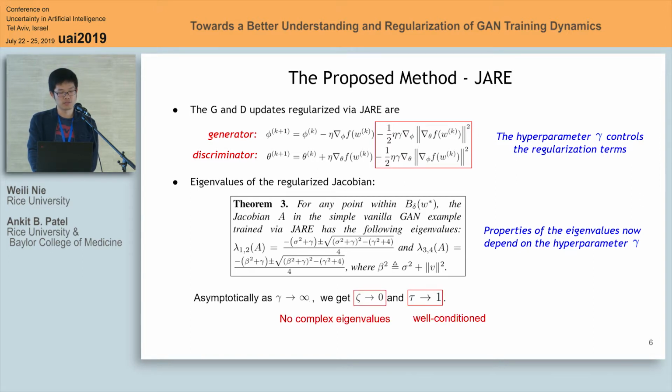Our further analysis shows that in the limit of gamma going to infinity, we get the imaginary-to-real ratio of 0 and the condition number of 1, which means there's no complex eigenvalue and the Jacobian is well conditioned. So JRAR can alleviate the two factors by construction.